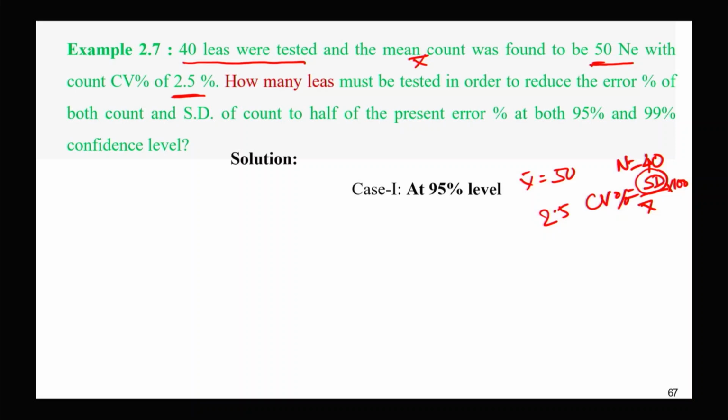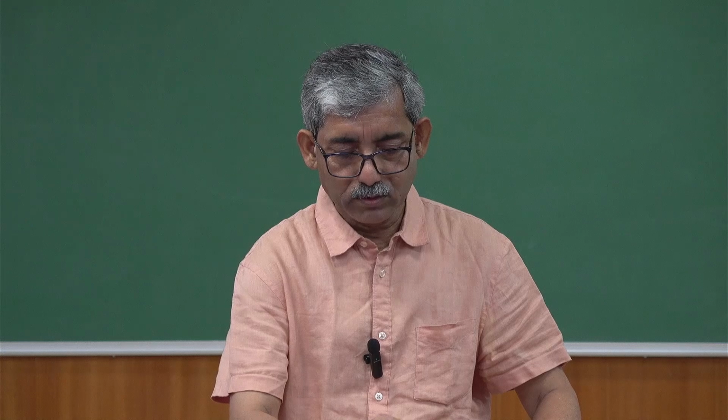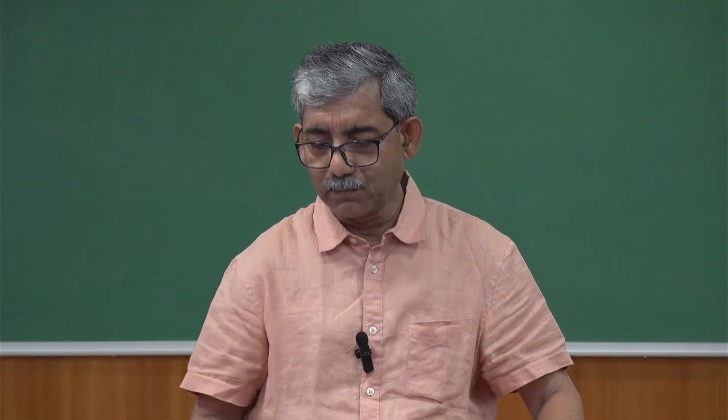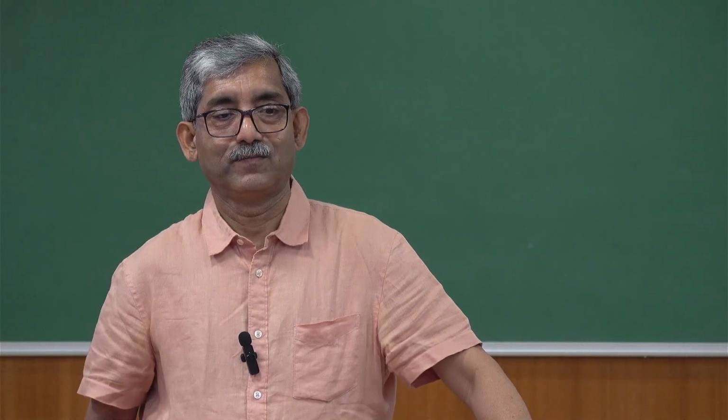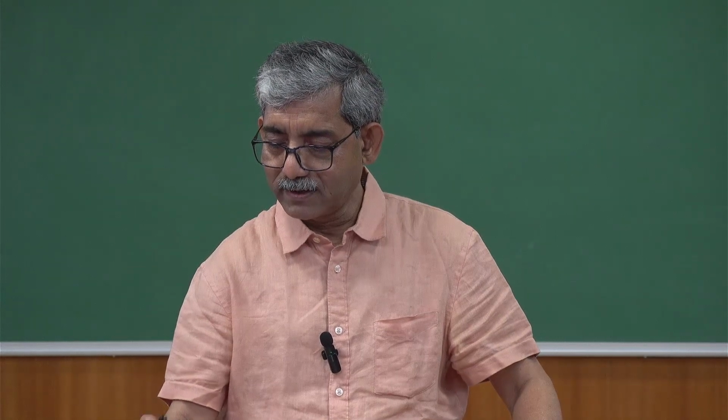And here it is given both 95% and 99% confidence level. So what is asked: how many leaves, how many data points you have to test to reduce the error percent of both count and standard deviation of count to half of the present error. That's important, and that for both 95% and 99% level.